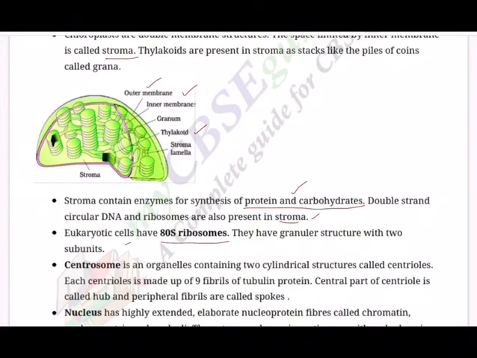Both mitochondria and chloroplast occur only in eukaryotes and are absent in prokaryotes. So that's how mitochondria as well as the plastids, particularly chloroplast, play a crucial role, and they are the most important organelles for the plants. So let's continue our discussion in our next session about other organelles.